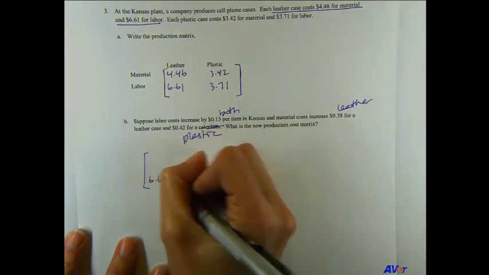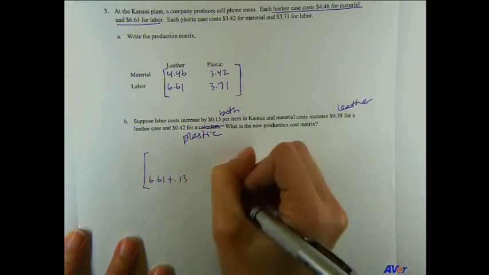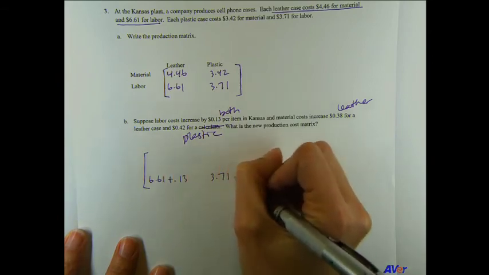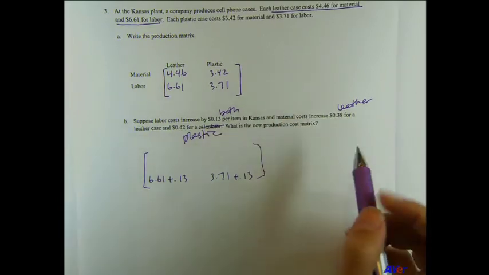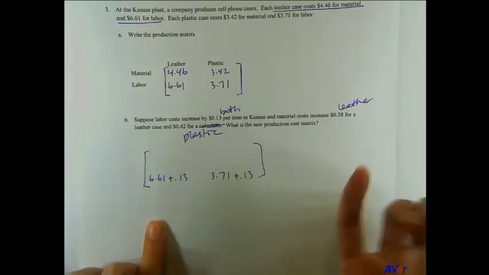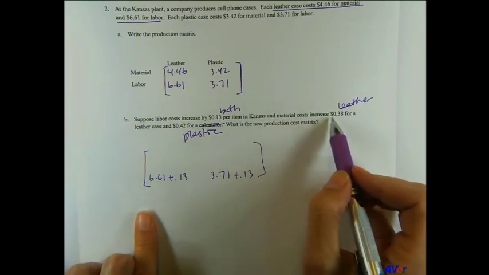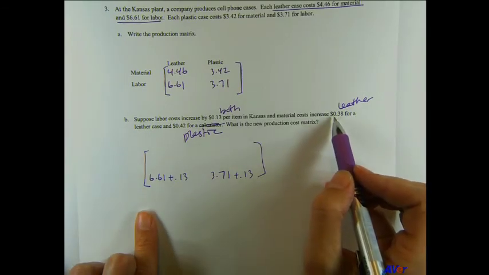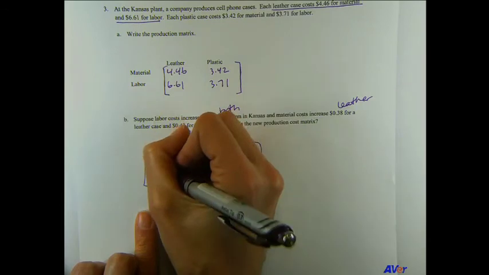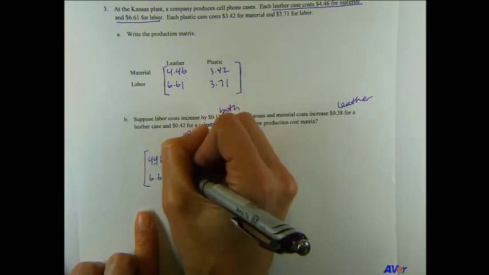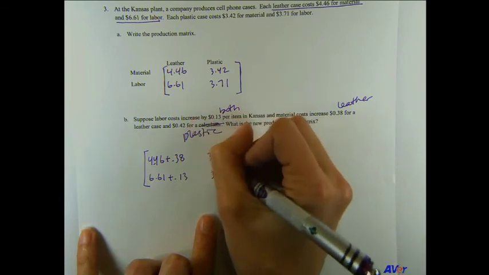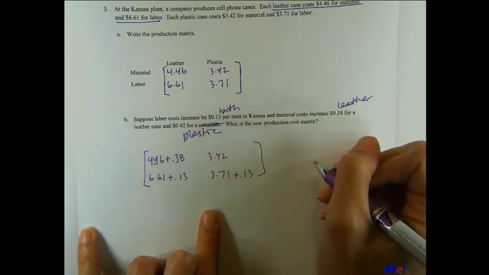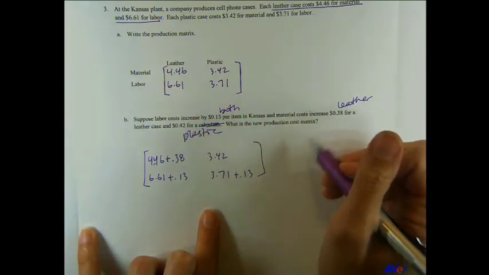So 661 plus 13, 371 plus 13 cents. But for my materials, it increased differently, which makes sense, right? Leather versus plastic. So 38 cents for the leather. So 446 plus 38. And then for the plastic, it was 342, but we're increasing that 42 cents, so plus 0.42.